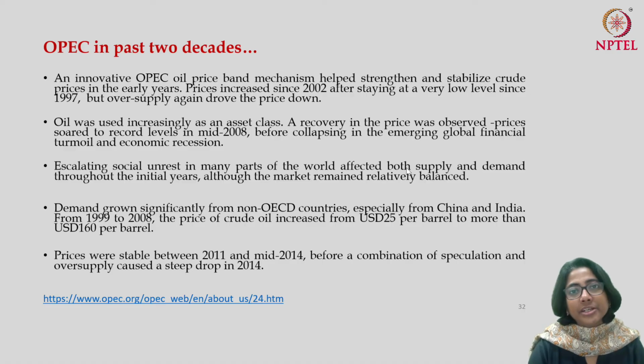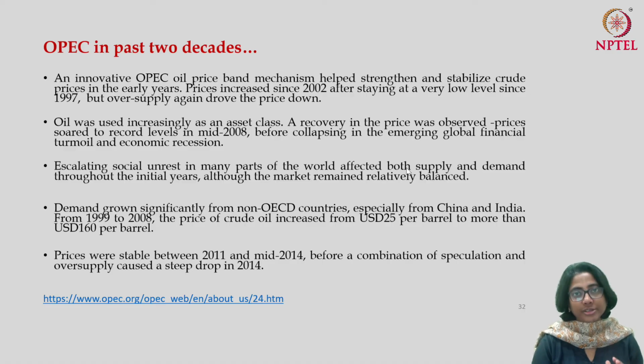But this increasing trend continued only up to 2014, and after 2014 there was again a sharp fall in the price. So why was there a sharp fall? It was said that the developing countries were in a boom and growing trajectory in the early years. The kind of demand for oil that comes in the early years of development has to die down a little bit in the coming years.